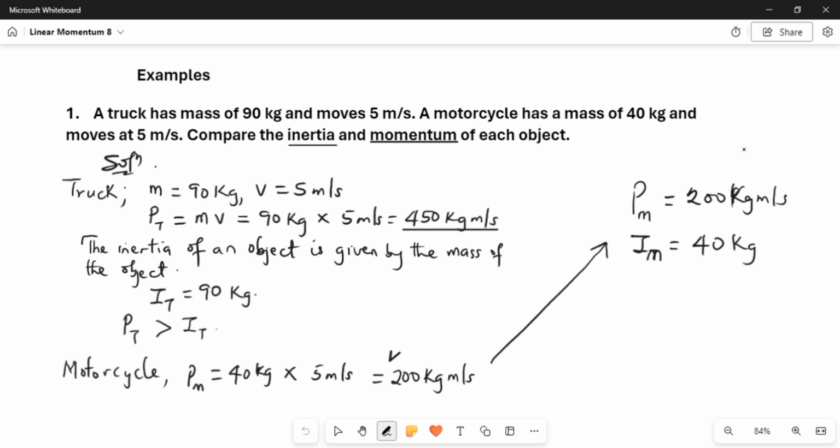So by comparison, the momentum of the motorcycle is also greater than the inertia of the motorcycle. So that's our comparison. Let's look at another simple example.